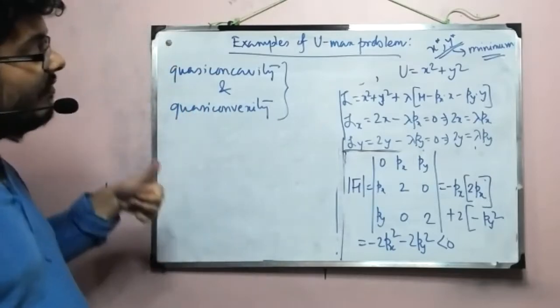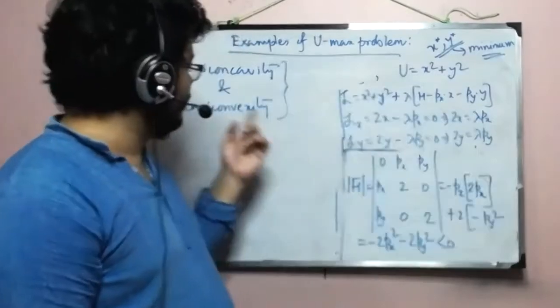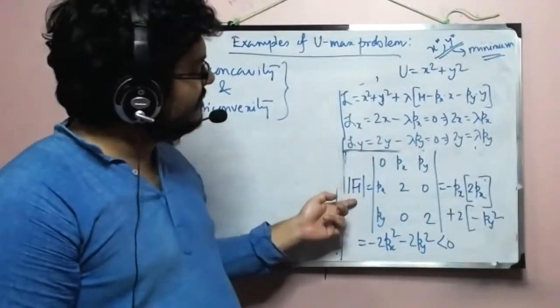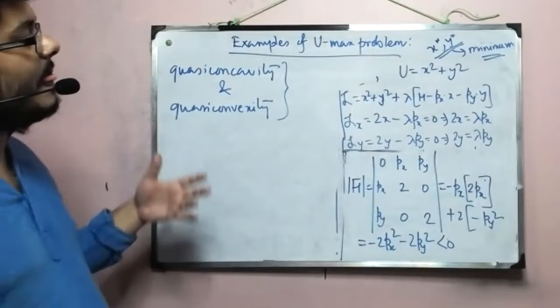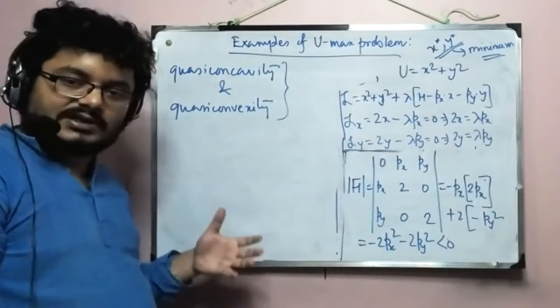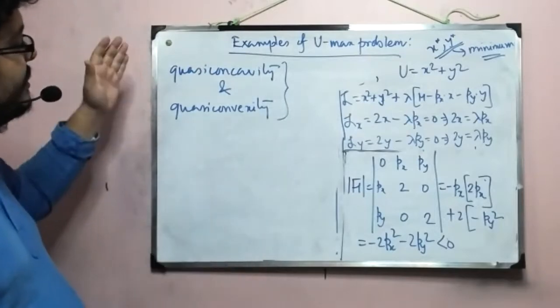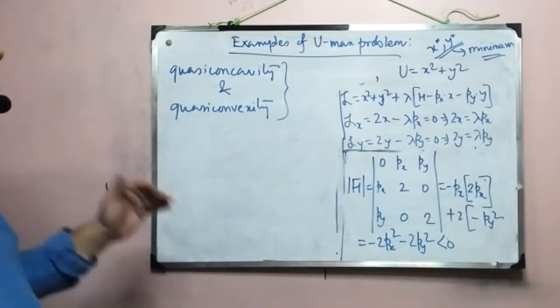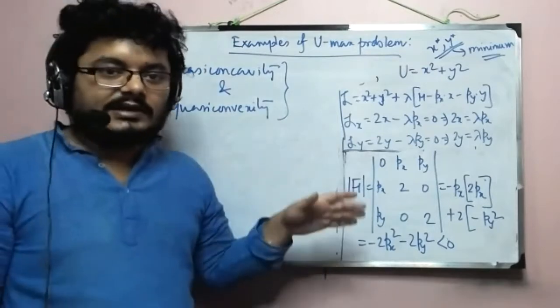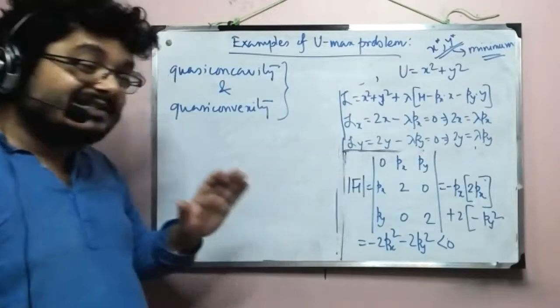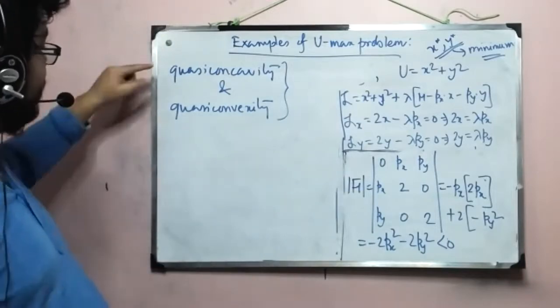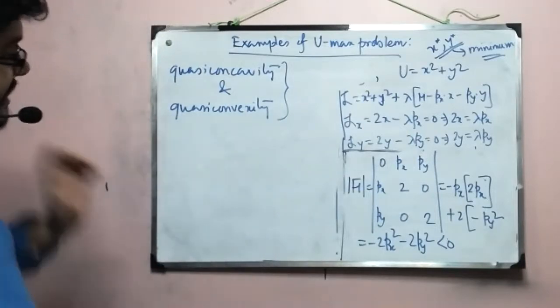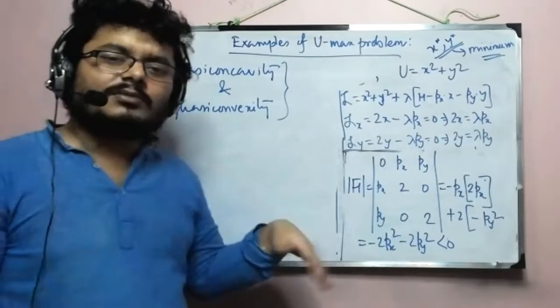The second thing is, when you are checking the border Hessian, we'll go to that, it actually gives you the answer for whether we are dealing with a quasi-concave function or a quasi-convex function. If a function is twice differentiable, then evaluating border Hessian in general gives us the answer to these two questions. And obviously as a sufficient condition. So we'll come to all of that later.